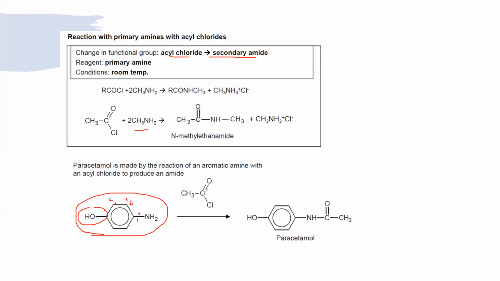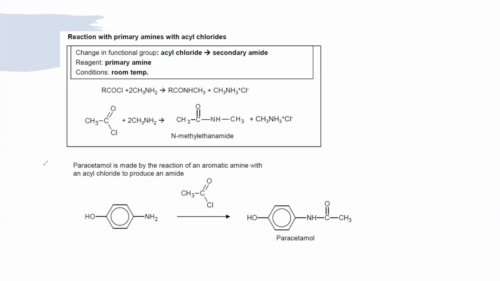If we add an acyl chloride to this, the amine group will lose its hydrogen and the acyl group is attached to that. So you can see here one hydrogen is removed and the acyl group, C double bonded with O and a CH3 group, is attached. This is the formula for the painkiller paracetamol.